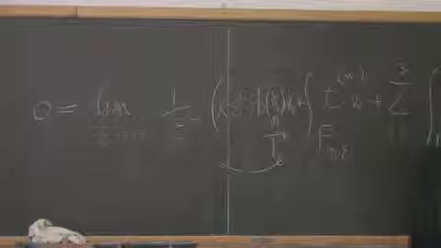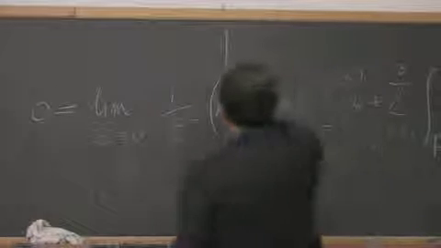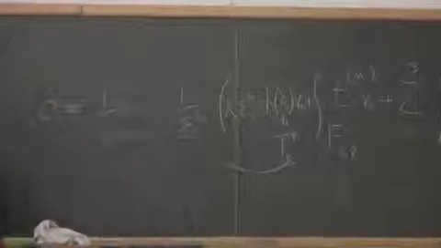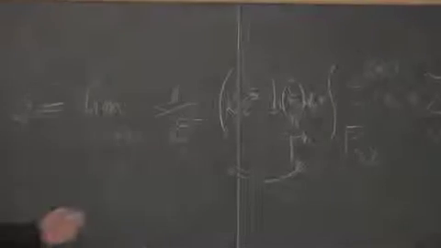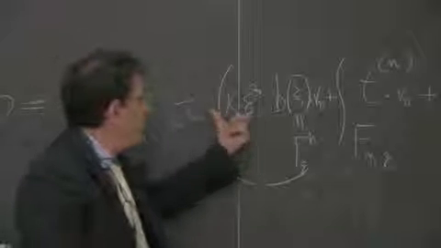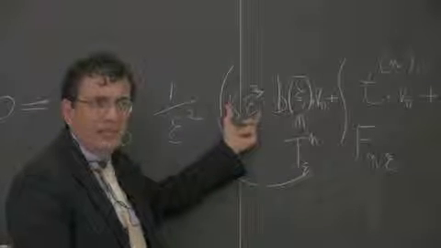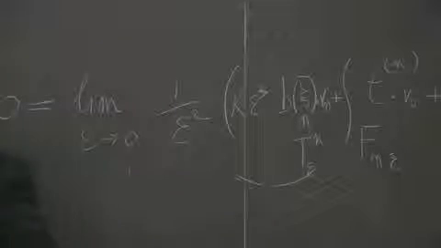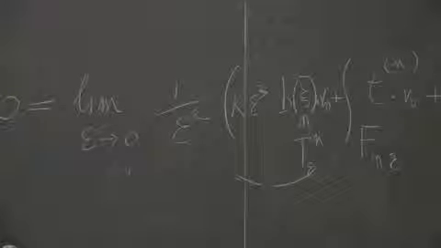Epsilon cube, of course. So, k epsilon cube is the volume of the tetrahedron, and this is the integrand scalar calculated in 1 point.